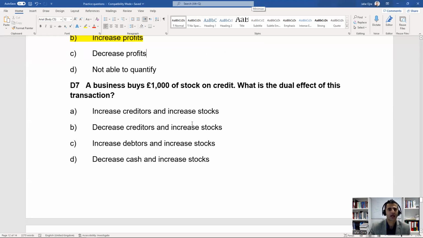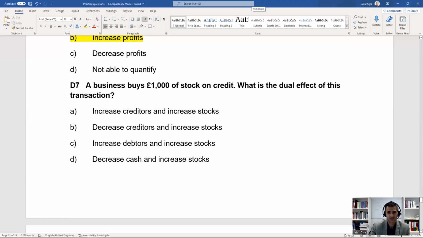D7. A business buys £1,000 of stock on credit. That means purchases, and it's on credit. That means trade payable, because a trade payable is on the credit side, isn't it? Purchases are made on credit. This means the company hasn't paid the supplier yet. So what would happen here, guys?